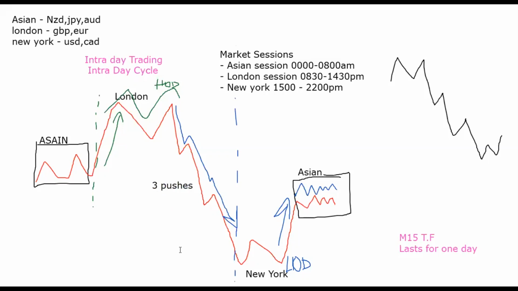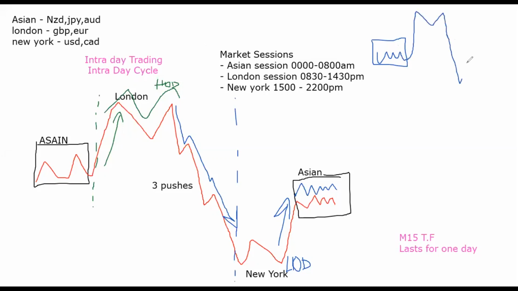Now, on intraday trading, there are many different variations. This is one of the variations that I've shown you. There are variations whereby the market first trends upwards and then goes down and ends the day.